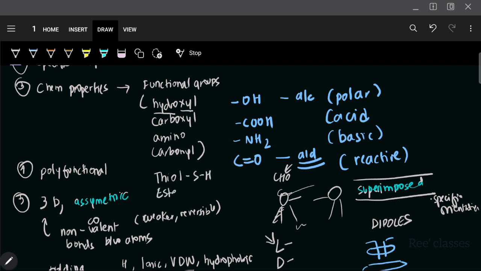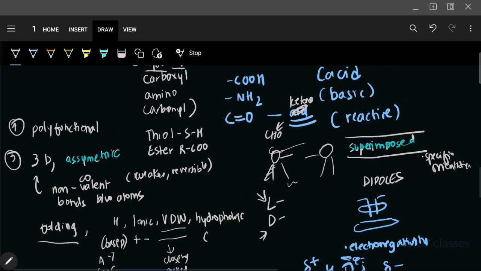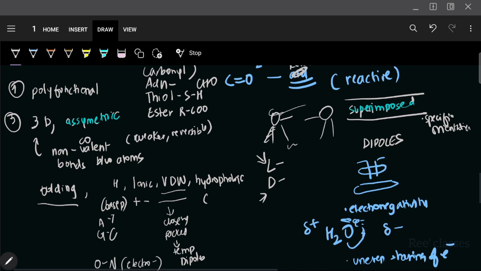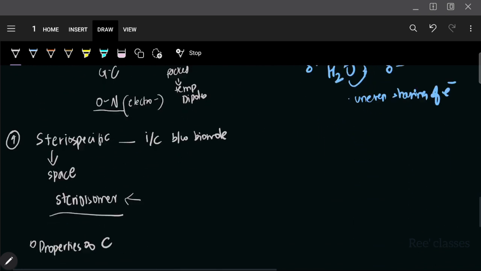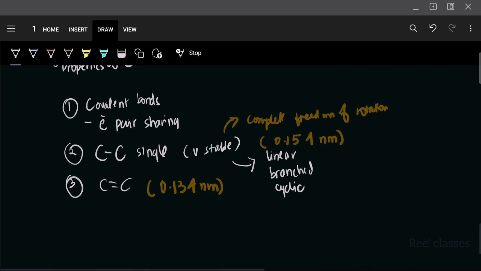Ester is RCOO, and this is ketone actually, right? That's it. So aldehyde is CHO. My bad, this is ketone. So that's it for today.